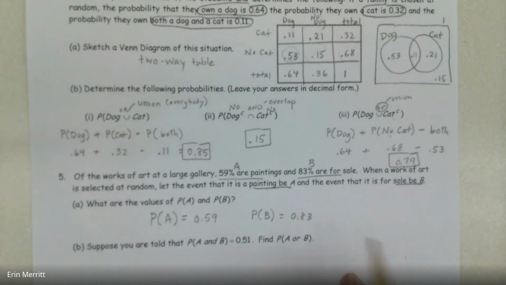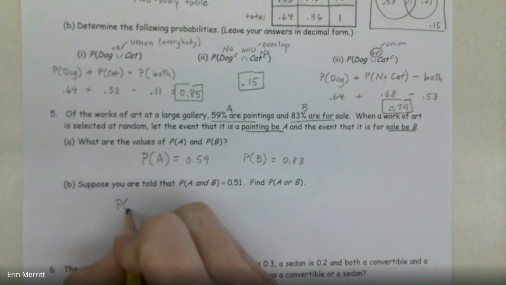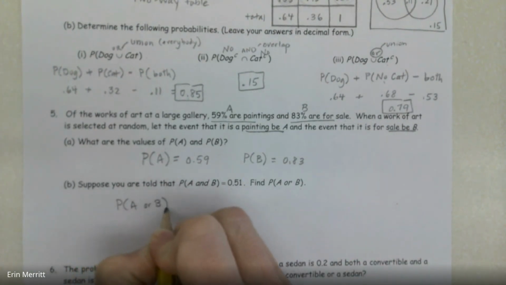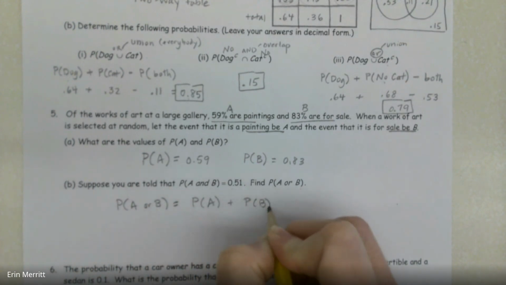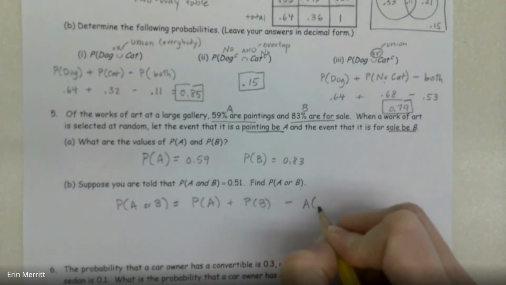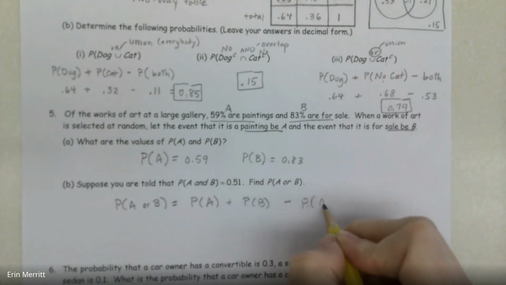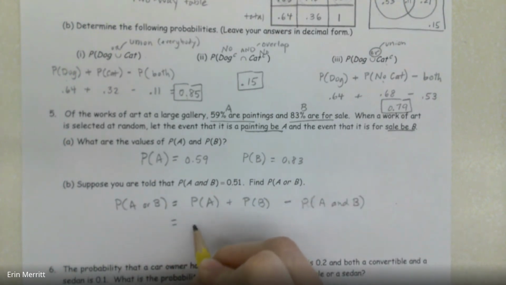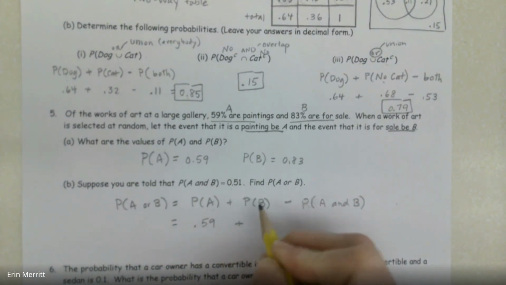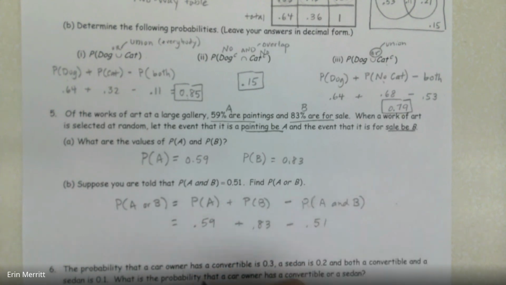Find A or B. So here's where we're specifically applying that rule. The probability of A or B is A plus B minus A and B. So we've got 0.59 plus 0.83 minus that 0.51.